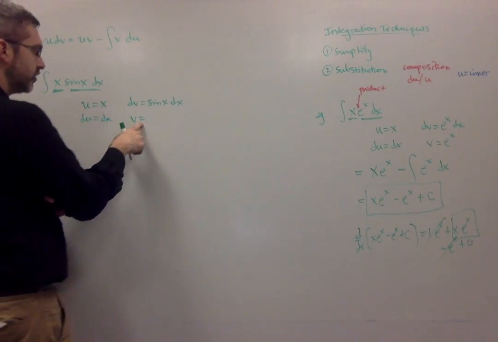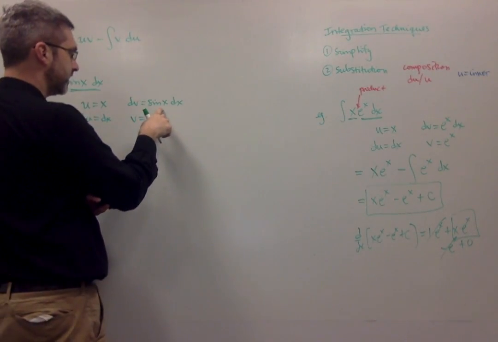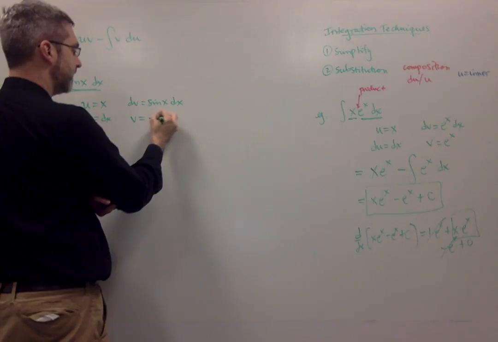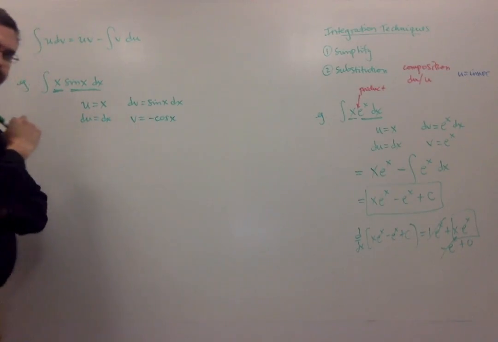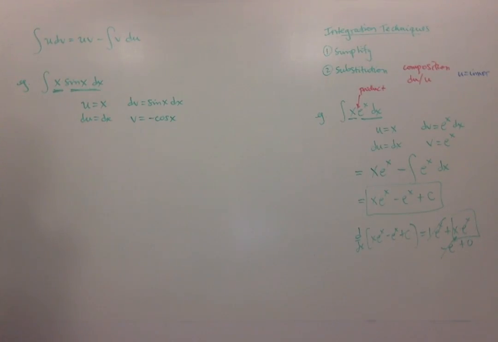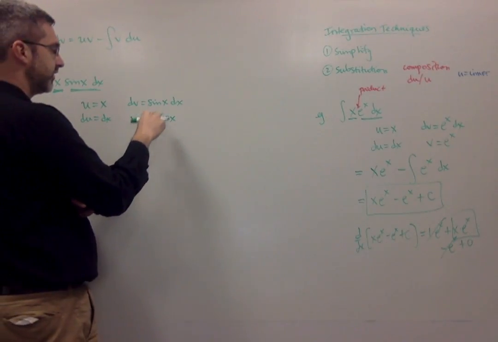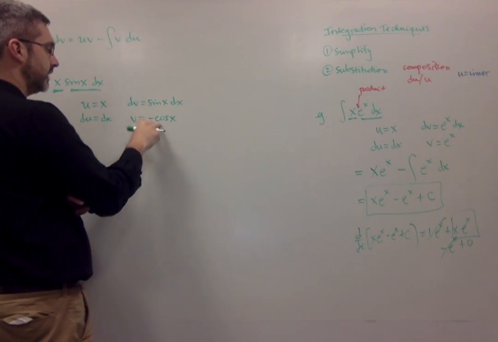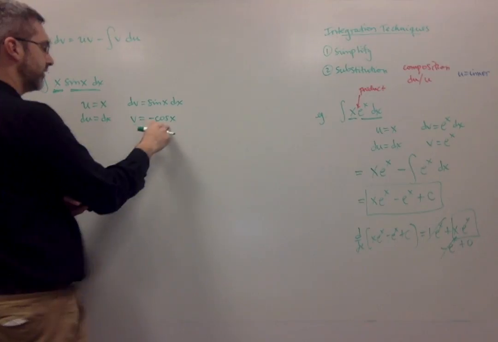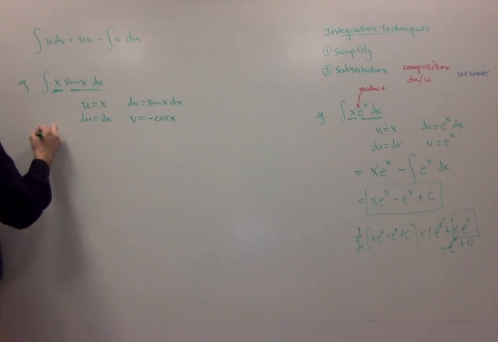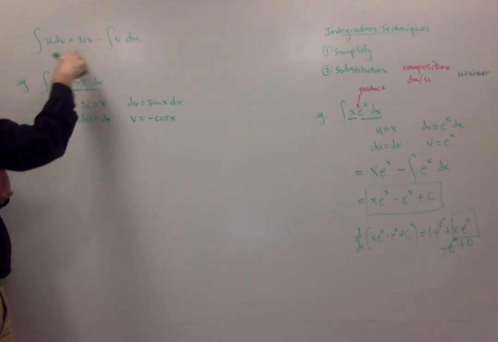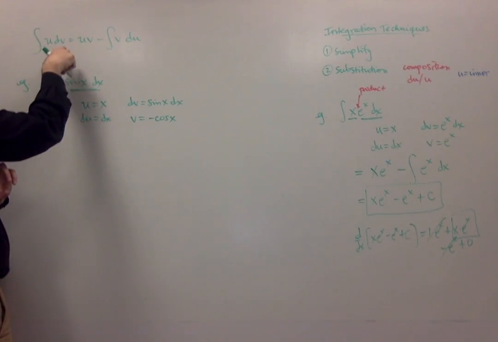And then the function that I would differentiate to get sine would be negative cosine. So v is going to be the function negative cosine. So this integral, according to this formula, I've got u dv.